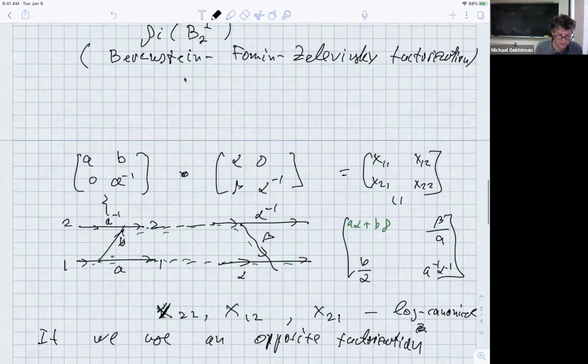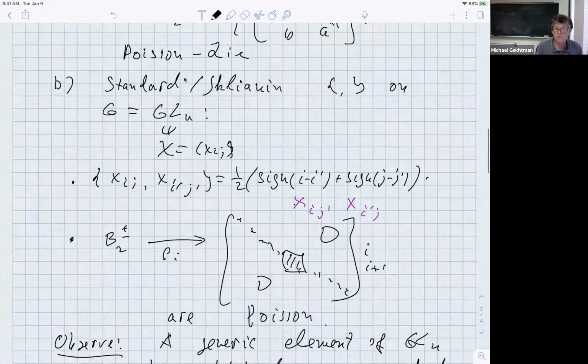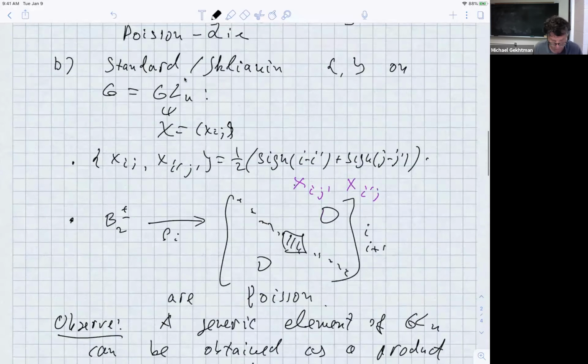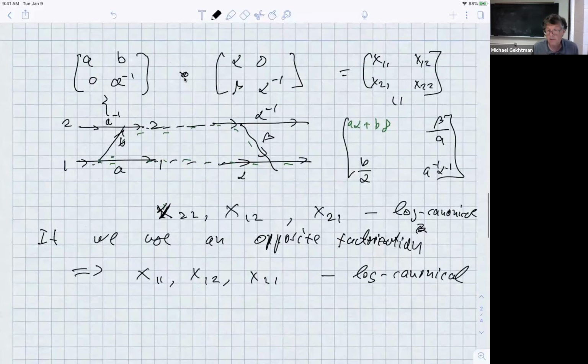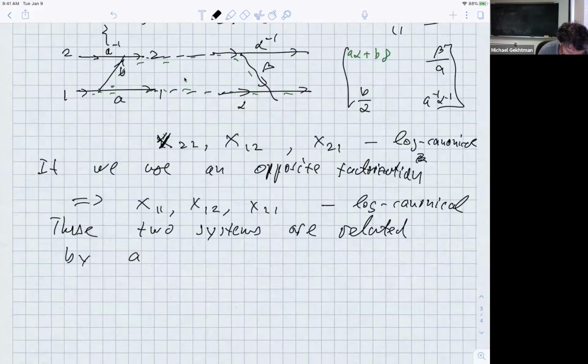So even though the original standard Poisson-Lie bracket that we considered before is not log canonical, we found two actual systems of coordinates which are log canonical. And so these two systems are related by a very simple transformation. We'll know what it is, right?